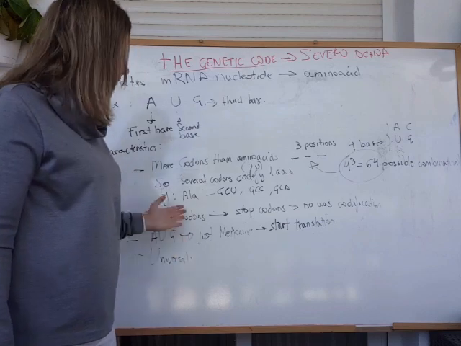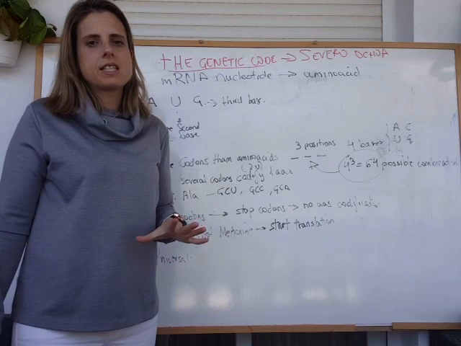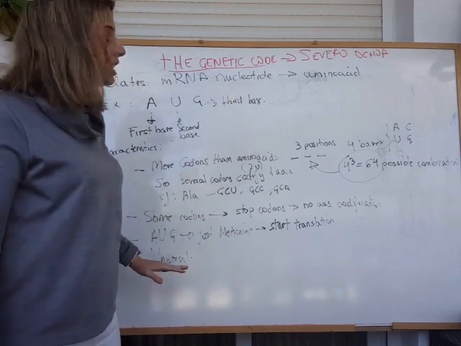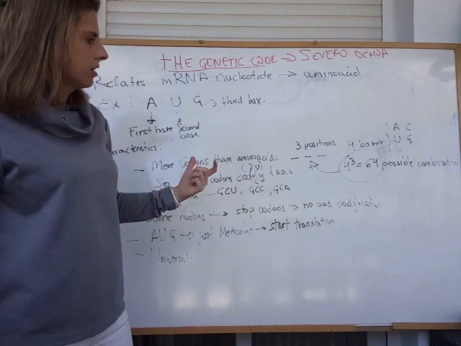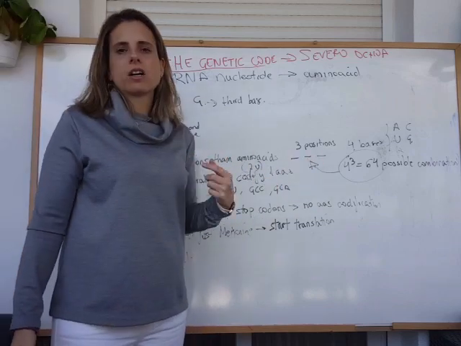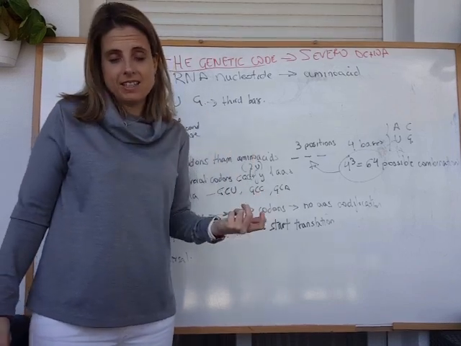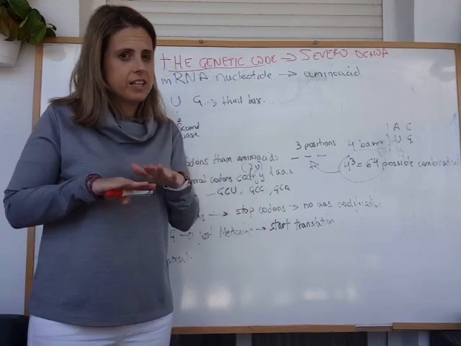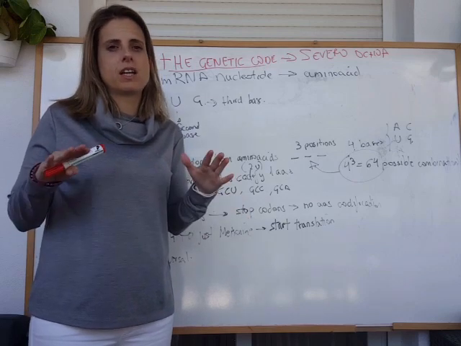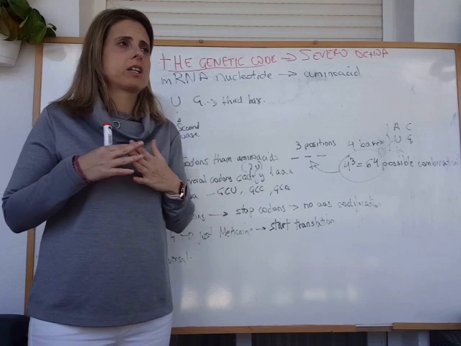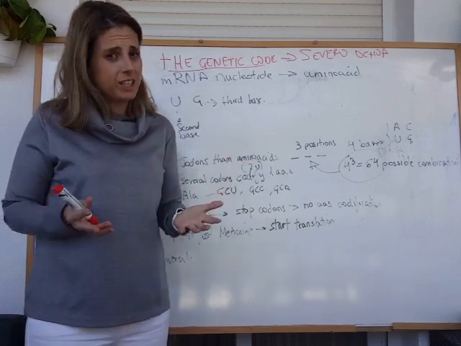Okay? And the last characteristic that we are going to study is that the genetic code is universal. What does that mean? That the same codons are going to codify the same amino acid in every species. In almost all the species of living things. I'm not talking just animals, I'm talking about fungi, or bacteria, I don't care.